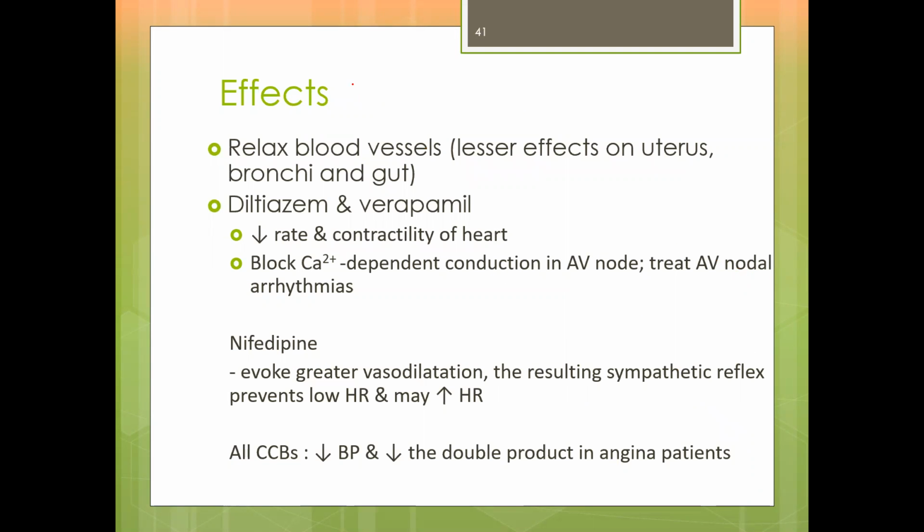So the effects of calcium channel blockers: it relaxes the blood vessels, obviously. And for diltiazem and verapamil, it reduces the rate and contractility of the heart.